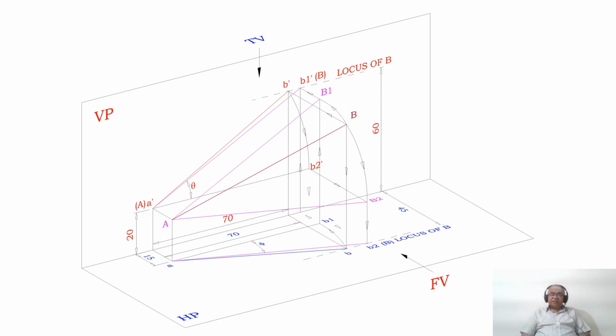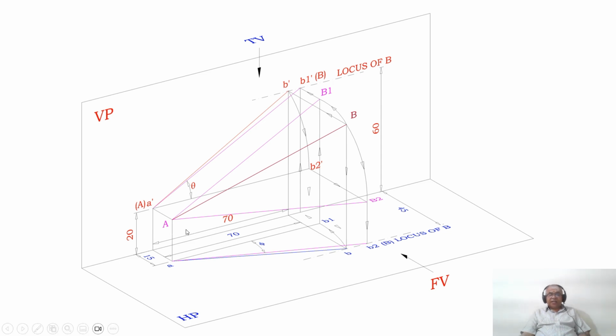The point B at present is above HP by 60 mm. Since I want the true length in HP, obviously that line has to be parallel to HP.